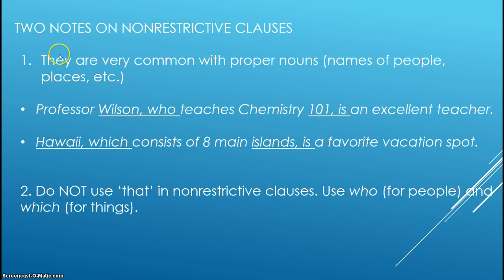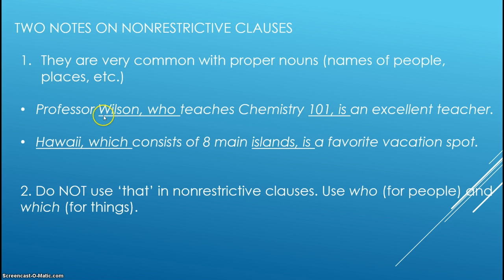Some notes on the non-restrictive clauses, the ones with the commas. First of all, you'll notice that they are very common with proper nouns. A proper noun is the exact name of the person, the exact name of the place. So if you have an adjective clause describing a proper noun, quite often, not all the time, but quite often, it will be a non-restrictive clause.